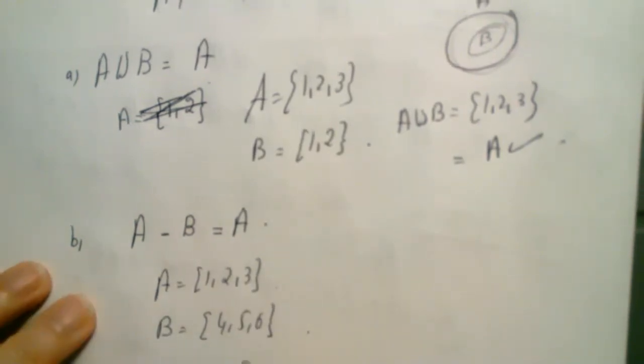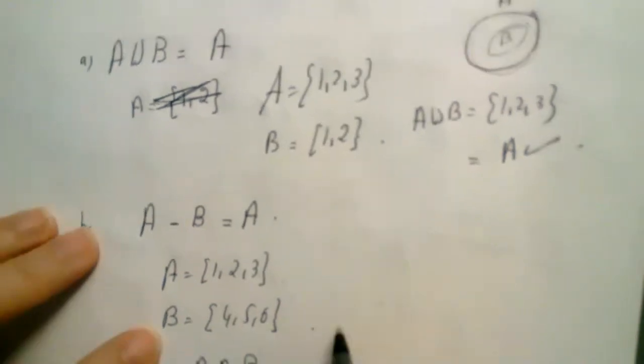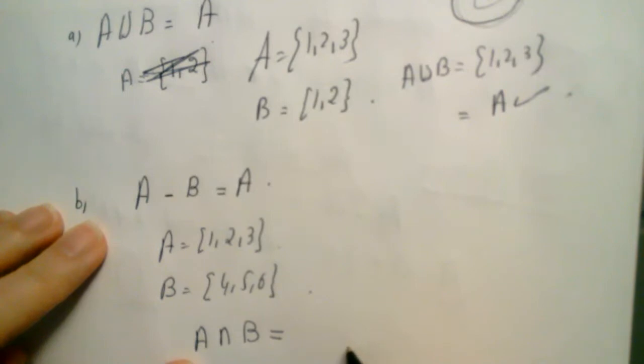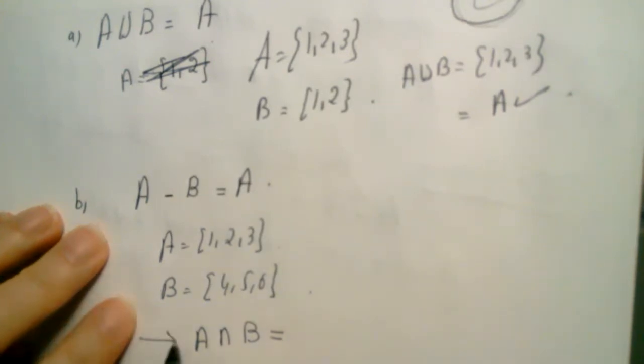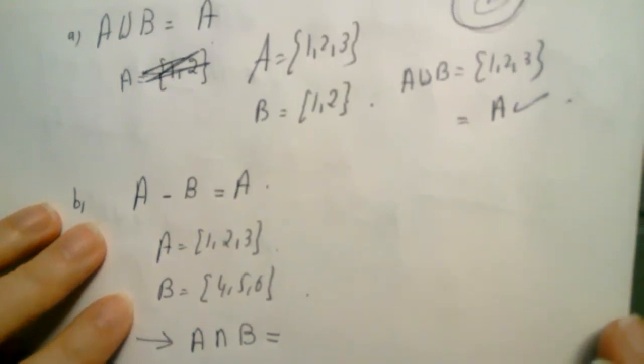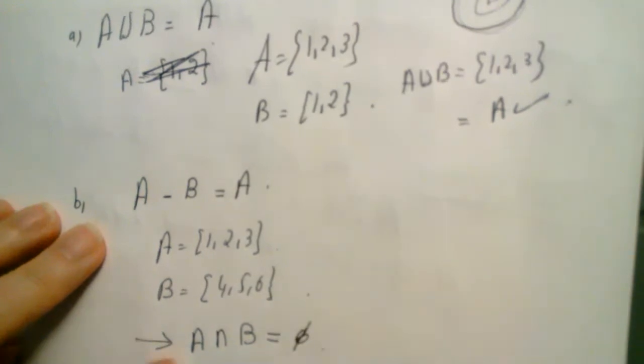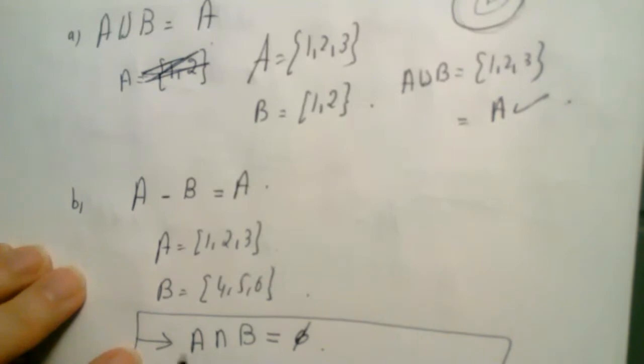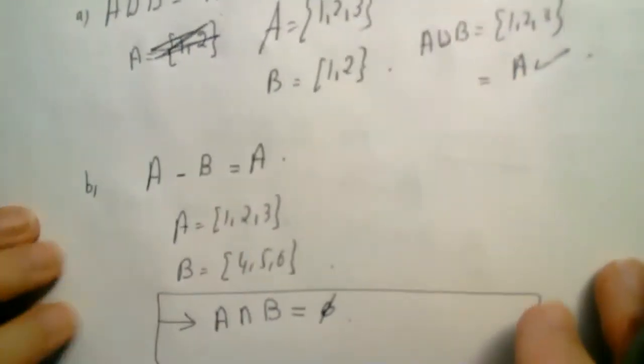So he wants the intersection of A and B to be equal to what? Equal to the empty set. Okay, so definition: two sets A and B are called disjoint if their intersection is empty.